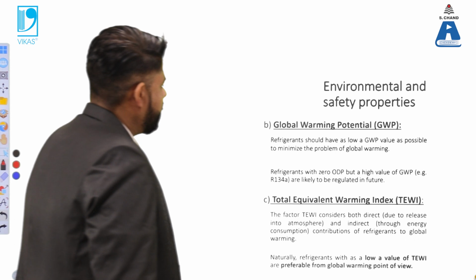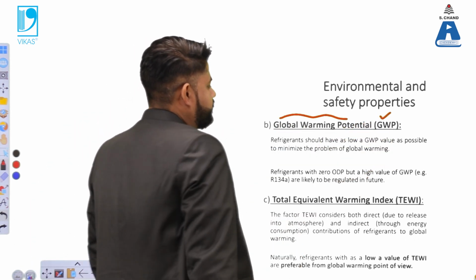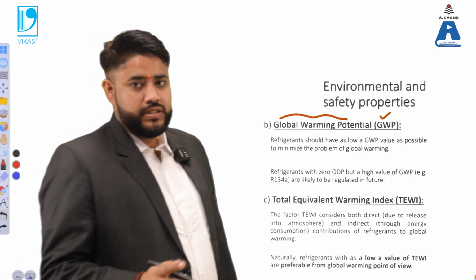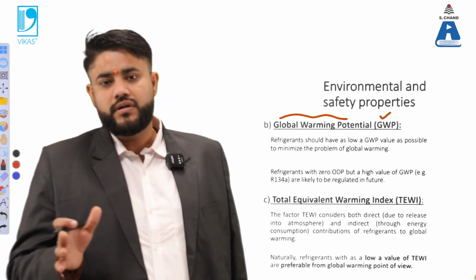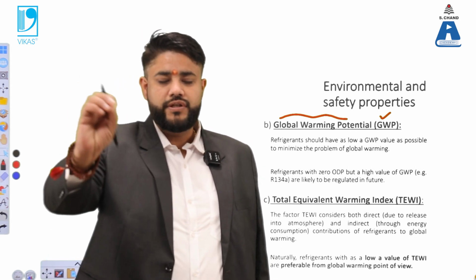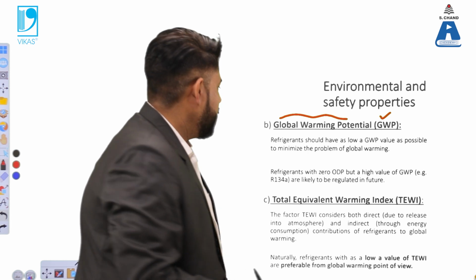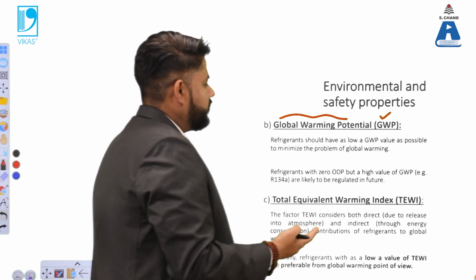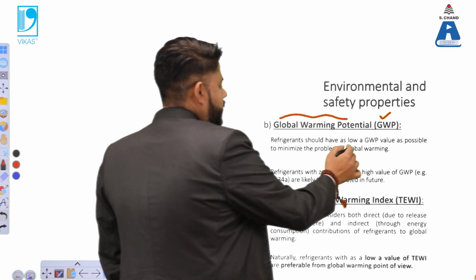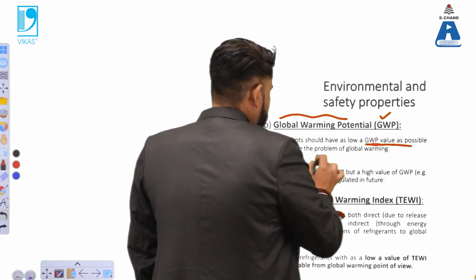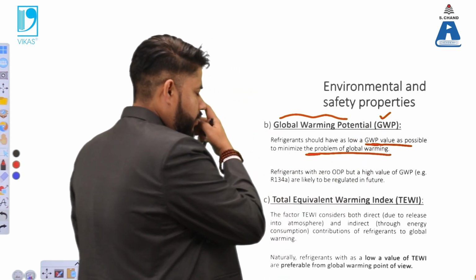The next potential is the global warming potential, GWP. As prescribed by the protocols, it should be close to 0, or at least as low as possible. Every refrigerant may have some global warming potential, but it should be as low as possible, and there is a need to minimize this problem of global warming.